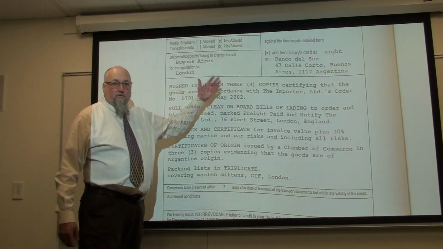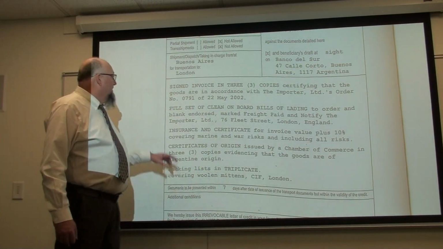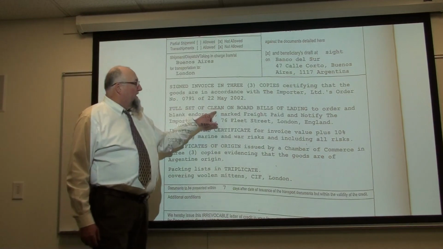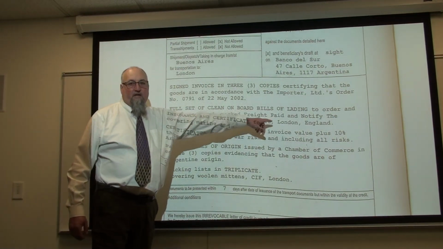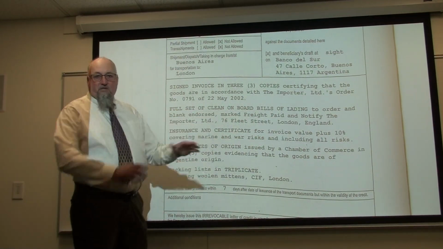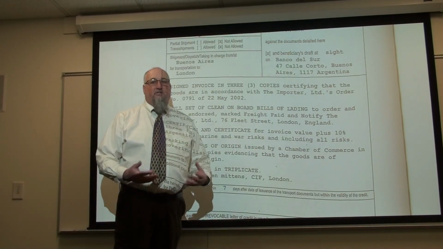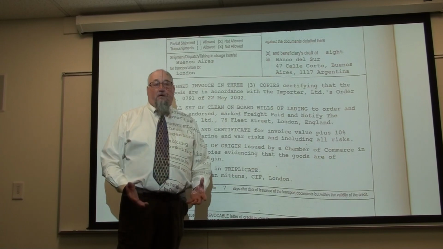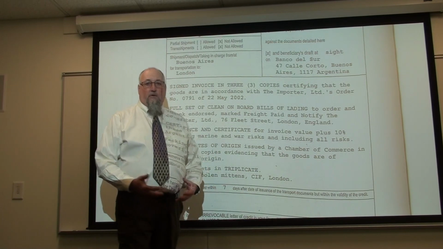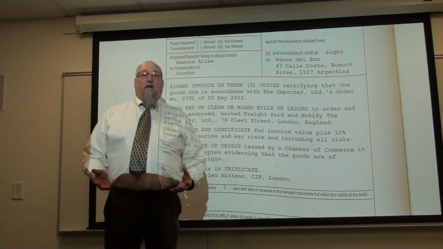So an invoice times 3, in triplicate, and a full set of clean on-board bills of lading. Clean means it's not marked up. On board means it has been loaded and certified by the shipping company that they have loaded the goods in whatever mode of transportation it will be.